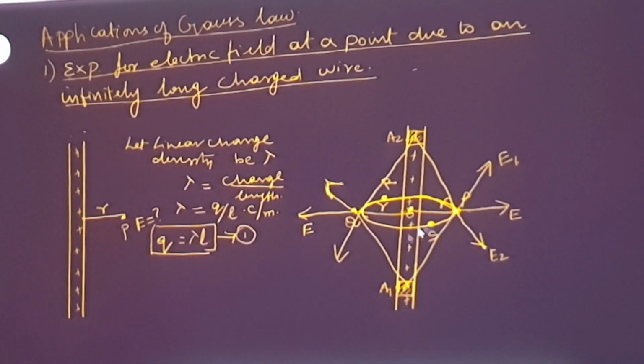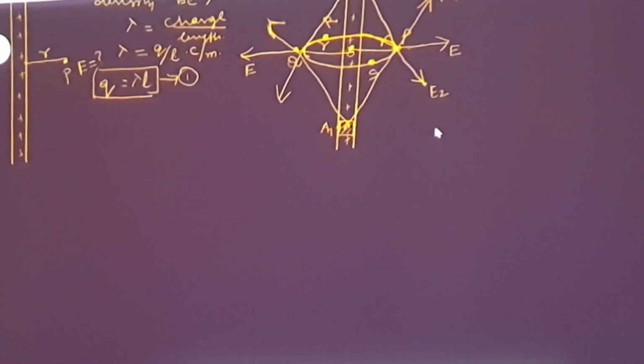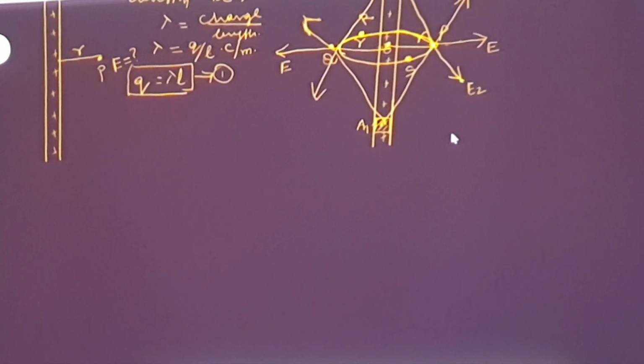What do you mean by that? Let us explain in the next part. Before that, I will be writing. From this diagram, or from this concept that I have explained, what do you infer?